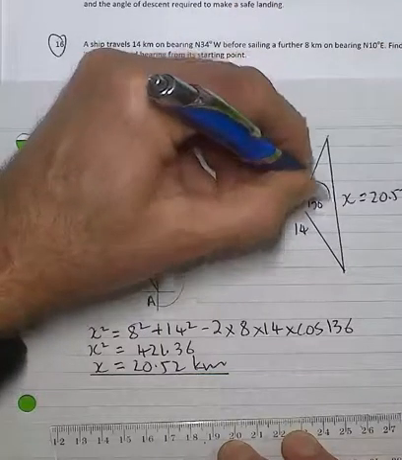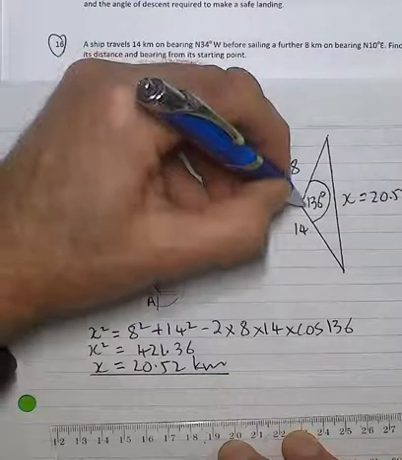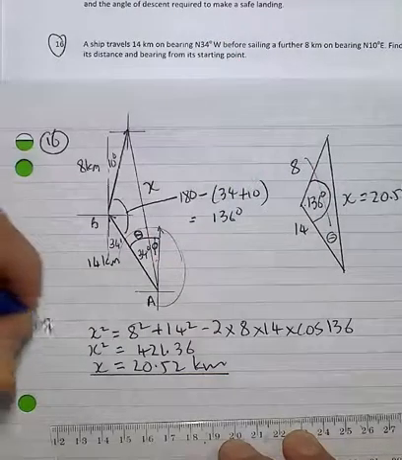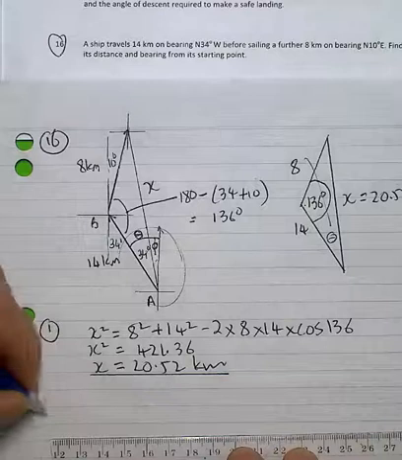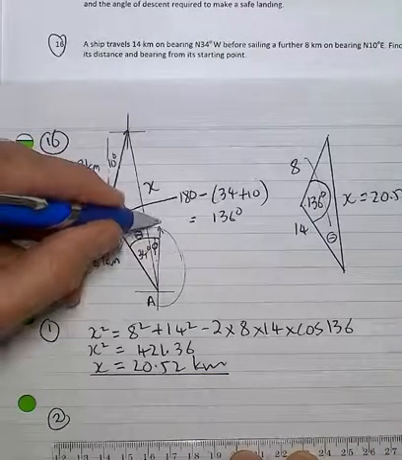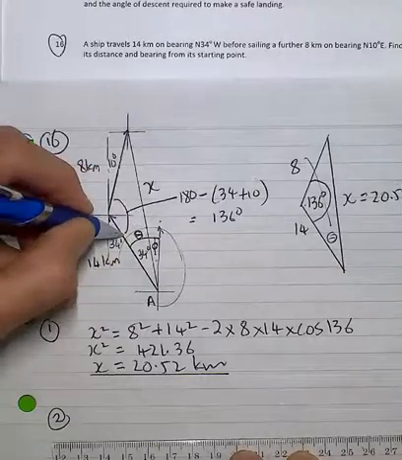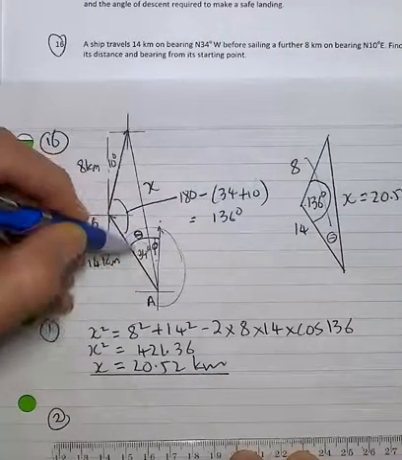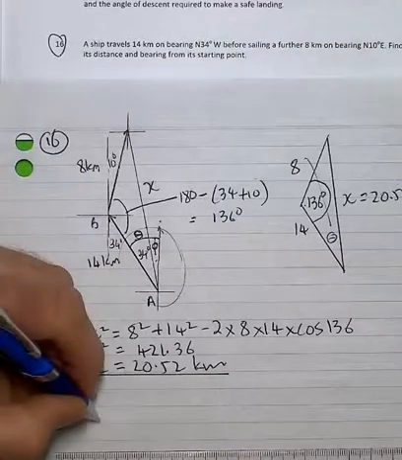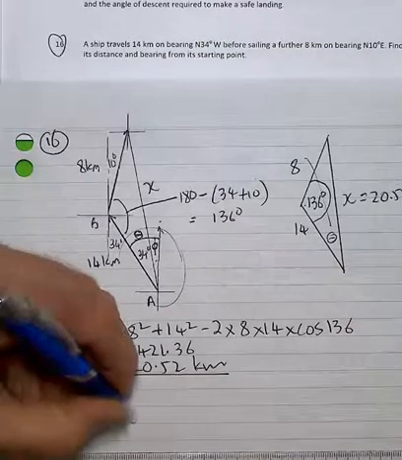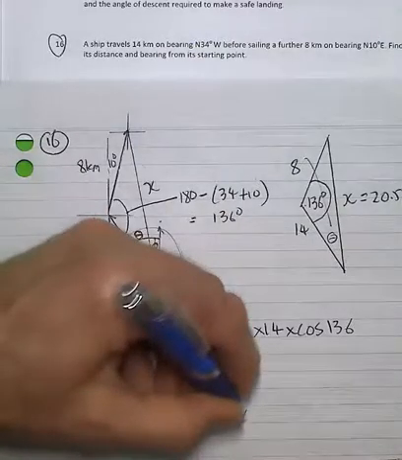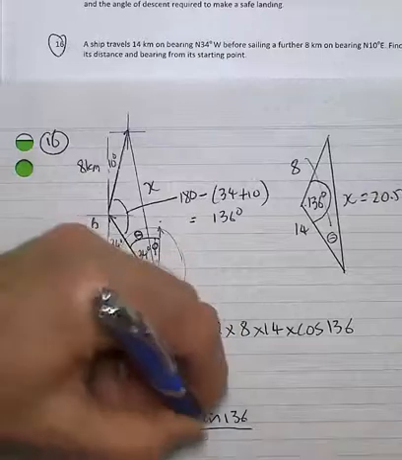I've got a pairing of an angle and a side length, and that 8 is partnered with theta. So 1, I found x. 2, I'm going to find this angle theta, because theta is part of that 34 degrees. The difference between 34 and theta is going to give me my bearing from the north. Now it's sine of theta divided by 8 is equal to sine of 136 divided by the 20.52.